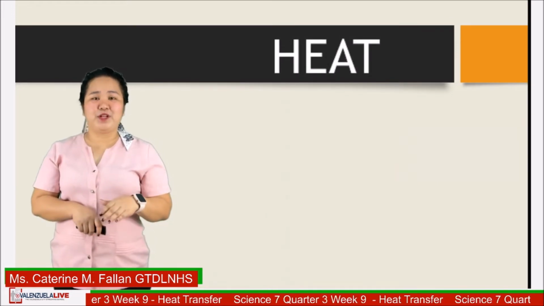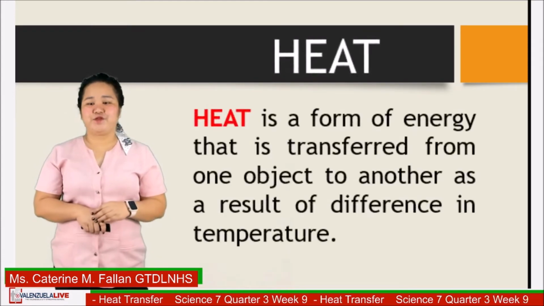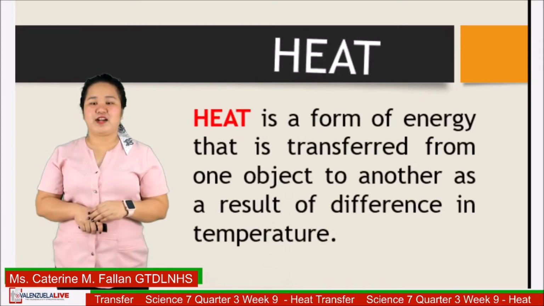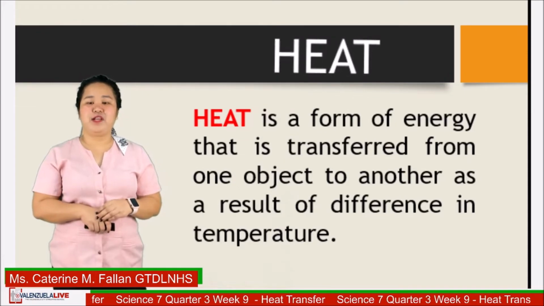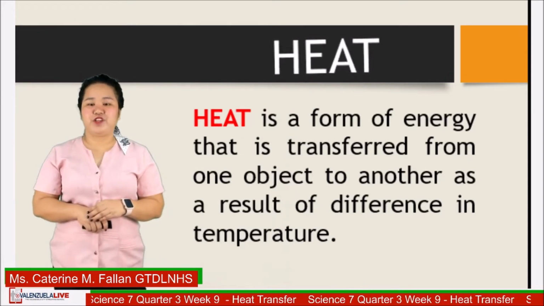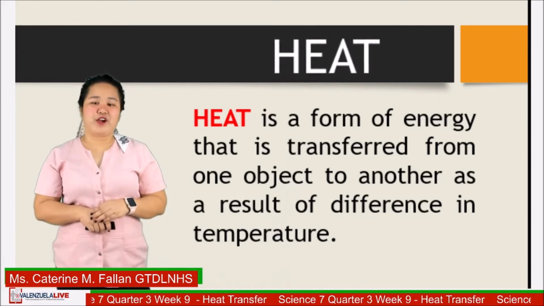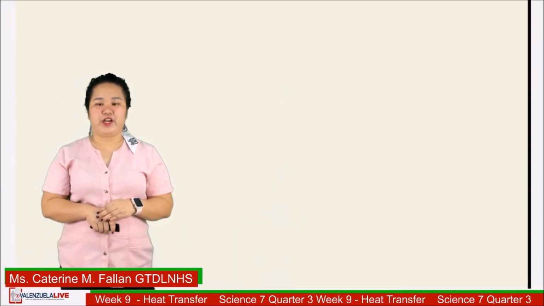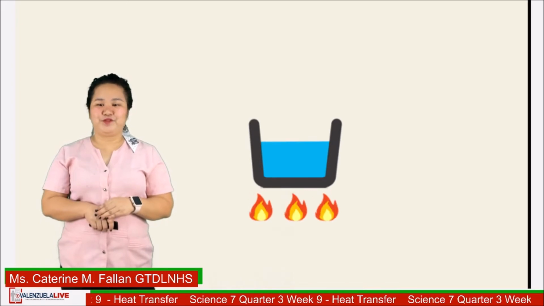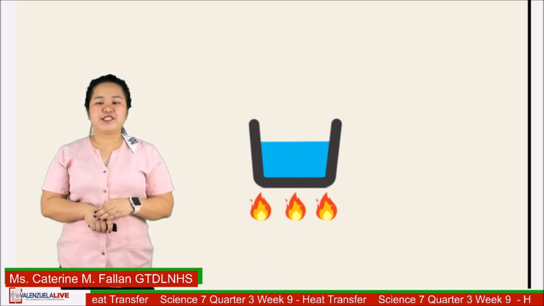So from that simple activity, we can define heat as a form of energy that is transferred from one object to another as a result of difference in temperature. For example, we have a container that is full of water and we put it on a flame. After some time, we will notice that the water will boil.